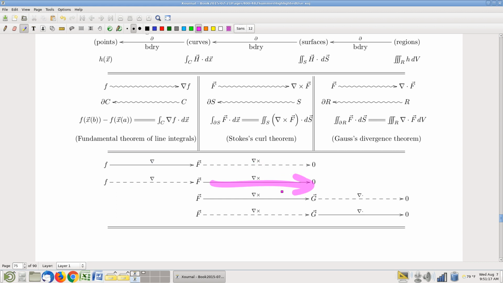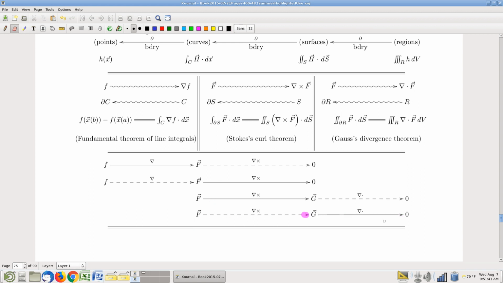If the curl is 0, you've got yourself a gradient, etc. Again, assuming regularity, assuming everything in sight is appropriately continuous and differentiable and all that stuff. If the divergence is 0, then you have yourself a curl of something.